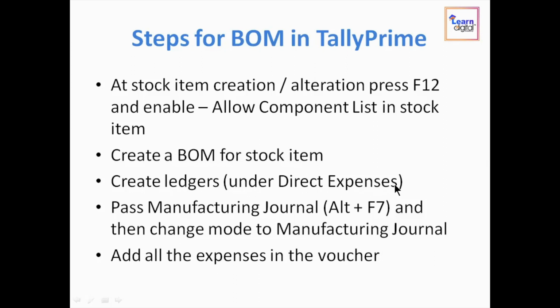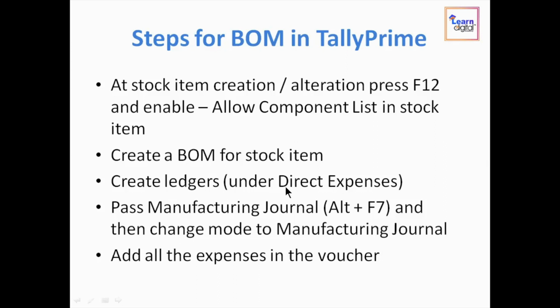of direct expenses. Like the possibilities are we may incur labor charges for producing the finished products, electricity charges, or factory rent. So all these are the direct expenses which are also important for calculating the cost of that product produced.